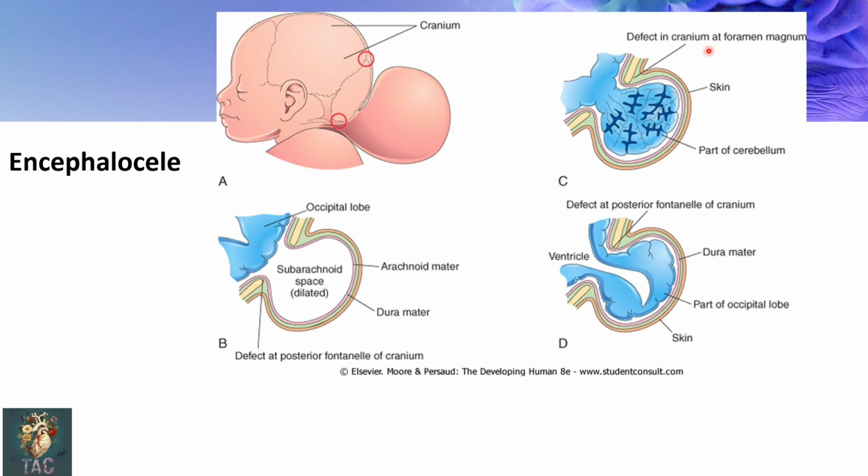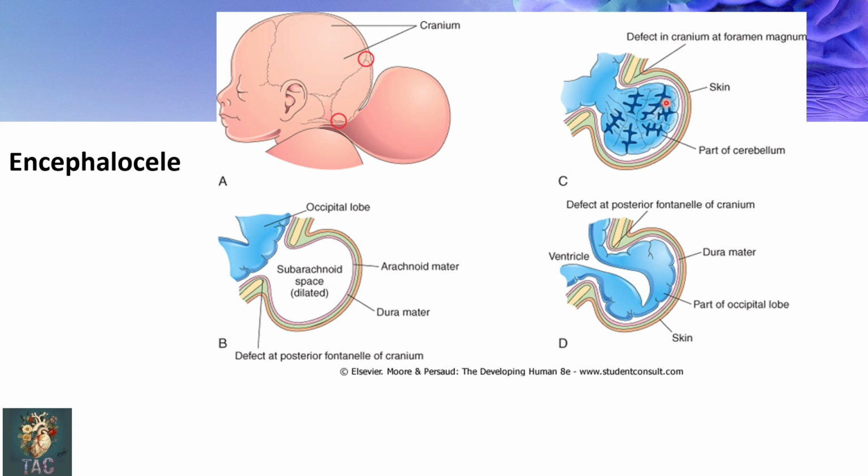The defect is in the cranium at the foramen magnum, and here you can see the defect at the posterior fontanelle of the cranium, where the occipital cortex protrudes out along with part of the lateral ventricle. So this condition is simply called meningocele.